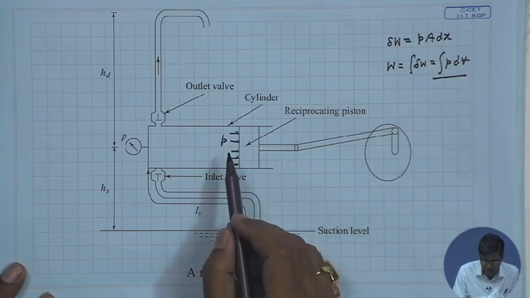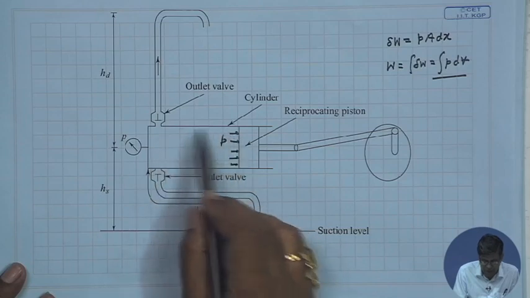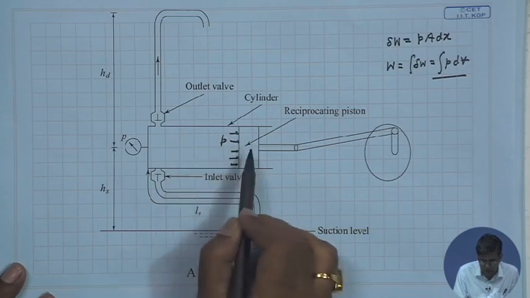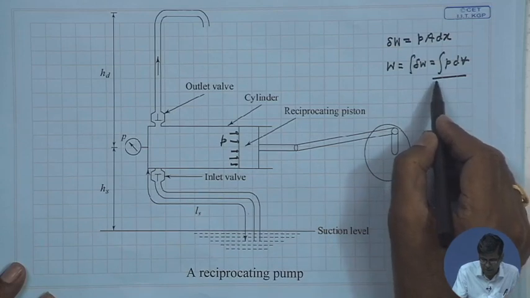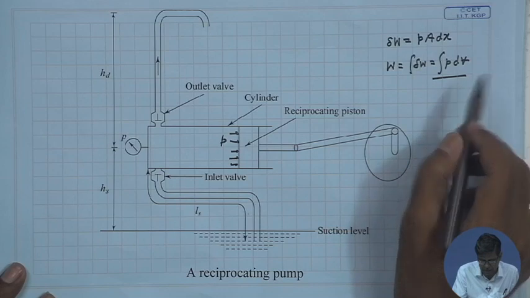That means it is the change in the pressure of the liquid in the cylinder and the liquid volume in the cylinder because of the piston motion that is responsible for the energy transfer, and it can be expressed like that.